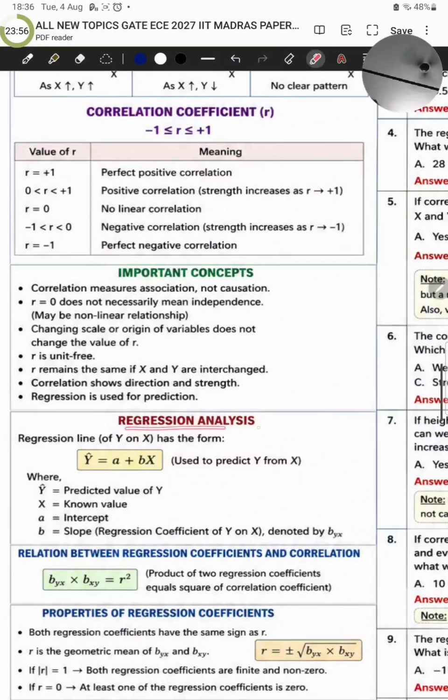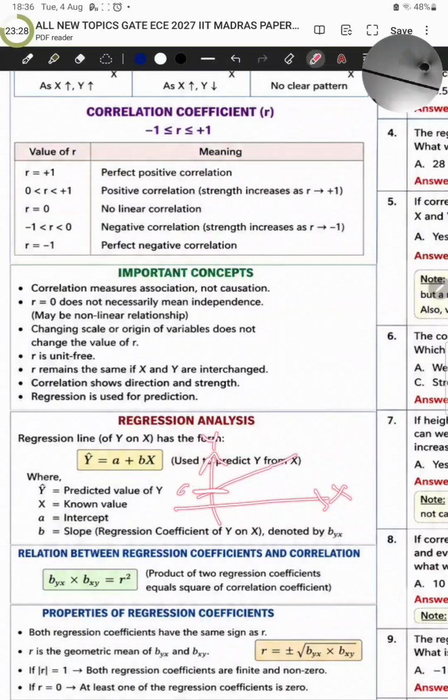Now regression analysis. The regression line of y on x has the form y = a + bx, used to predict y from a given x. So this is the y-axis, and this is the x-axis.